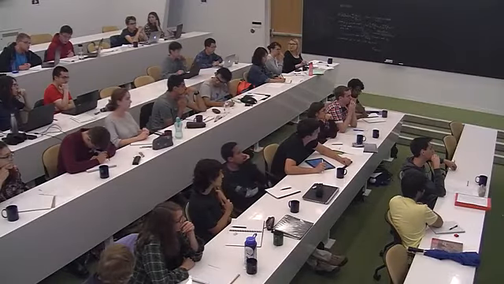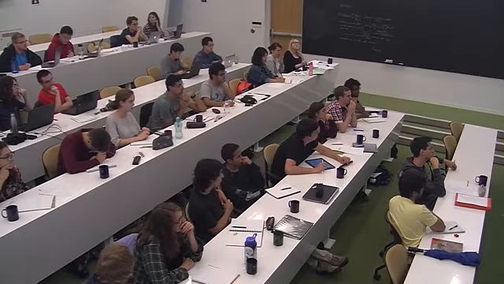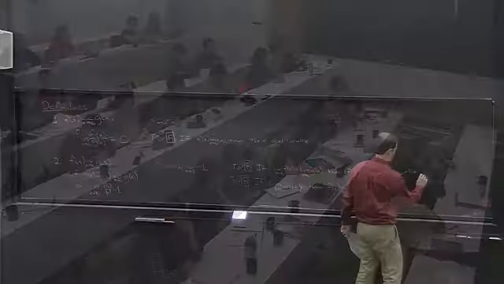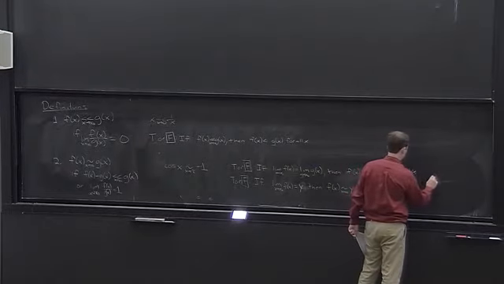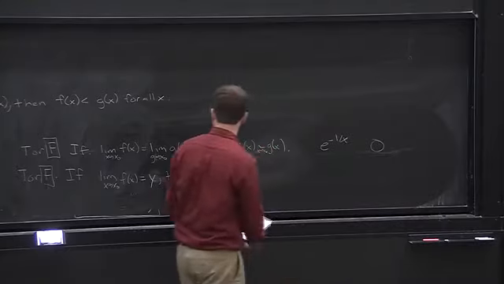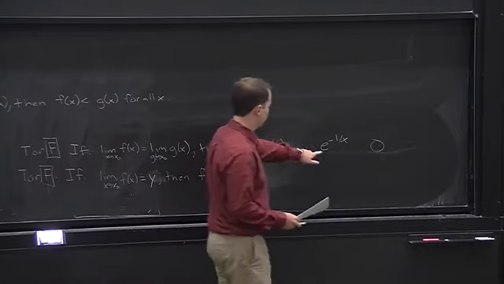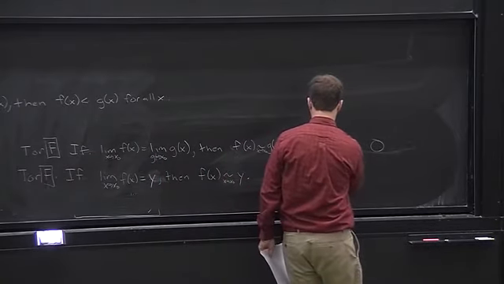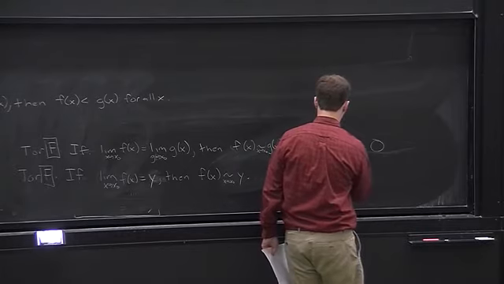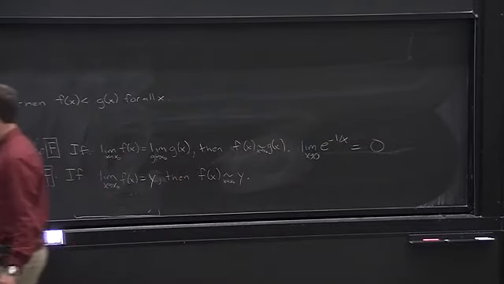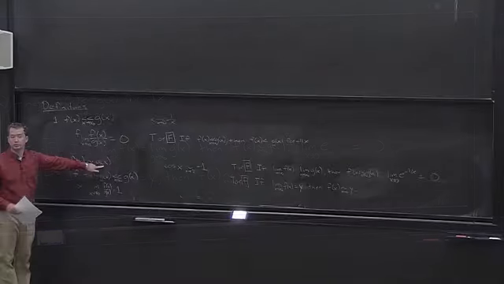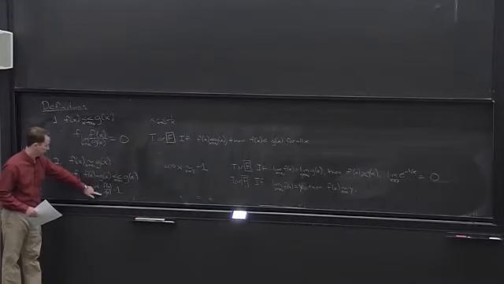Yes, Bachi. E to the minus 1 over x and say 0. Good, that works for both, I guess. So the limit as x goes to 0 of this is 0, but nothing can be asymptotic to 0, because you put a 0 in the numerator or denominator here.